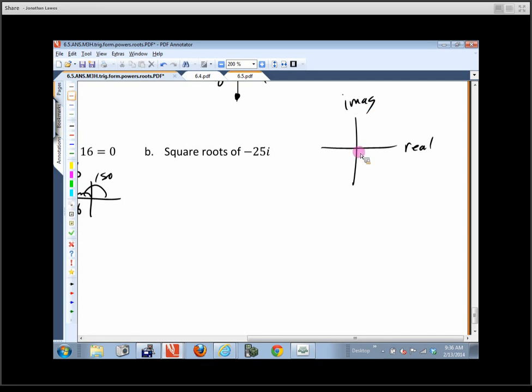Real or imaginary here? Imaginary. Go up or down? Down. How far is it away from the origin? What's its radius? What's its modulus? Positive 25, not negative.